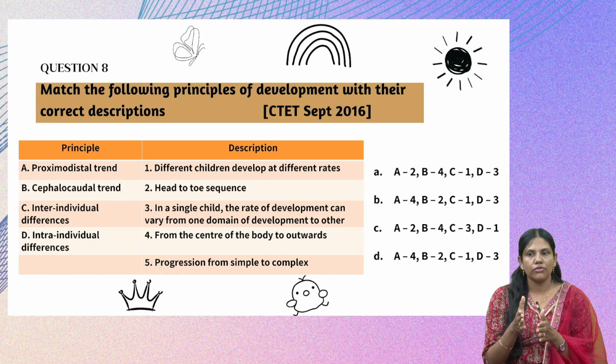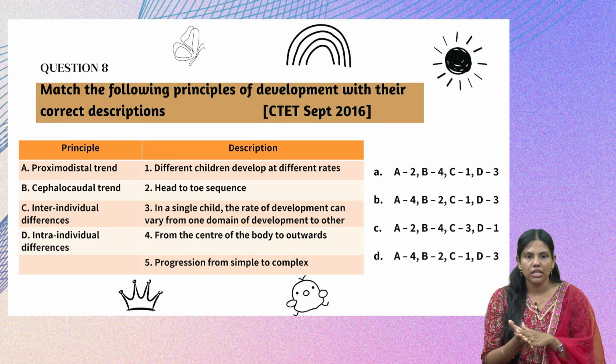On the other side, there are 5 options given: different children develop at different rates; head to toe sequence; in a single child, the rate of development can vary from one domain of development to the other; from the center of the body outwards; progression from simple to complex. These are the 5 options given.